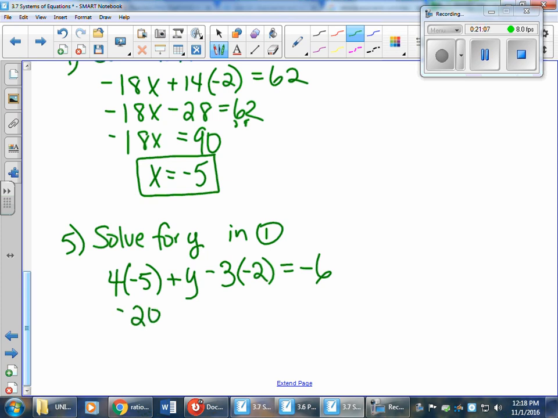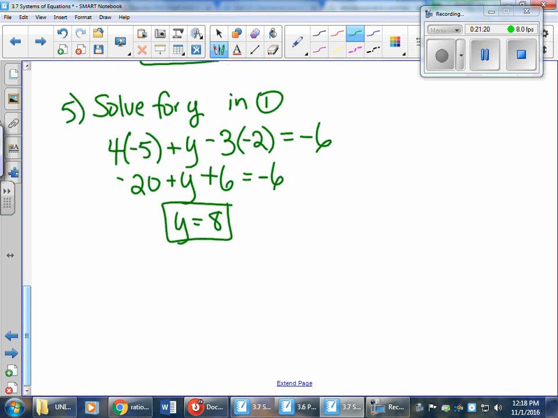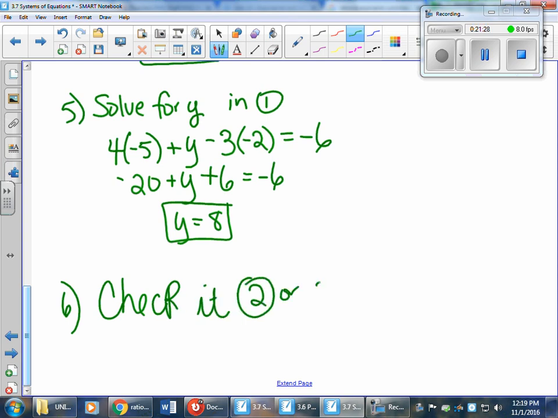So you get negative 20 plus y plus 6 is equal to negative 6. And when all said and done, y is equal to 8. And of course, I told you we are going to have a step 6, which I am not going to do for you. But step 6 is going to be check it in 2 or 3.